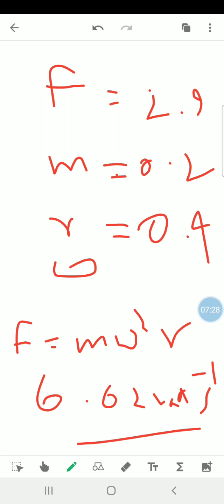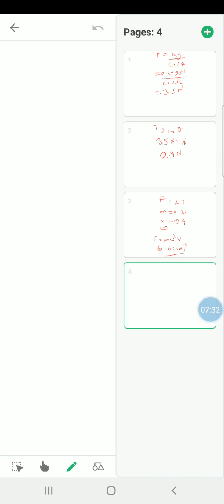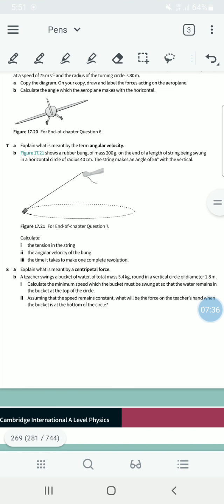I hope you understood this. Then they are asking for the period, the time it takes to make one complete revolution. So that is the period. We know the angular velocity. Then we have to find out how long it takes to cover an angle of 2 pi.